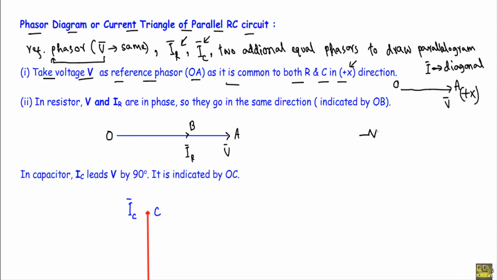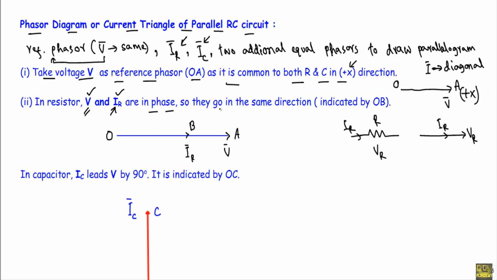If I have a resistor R here, if the current through the resistor is IR and the voltage drop across the resistor is VR, you will see in case of a resistor the voltage VR and IR will go in the same direction. Here the voltage across the resistor is V and the current through the resistor is IR. Therefore V and IR will be in phase.